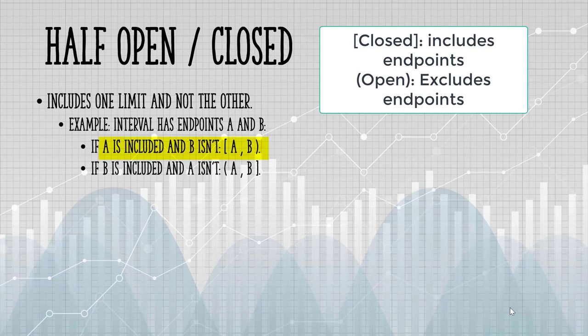If we have the other way around and b is included and a isn't, then we write that as a parentheses for a because a is not in the interval and a bracket around b because b is in the interval. It all looks like mismatched brackets, but it's really just a clever way of denoting which side is in the interval and which side is not.